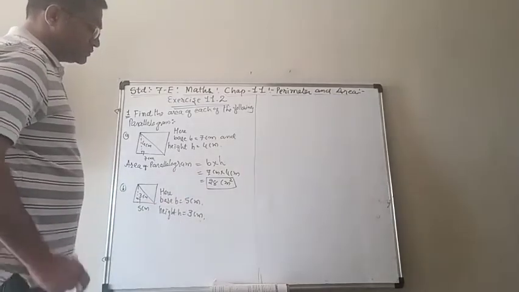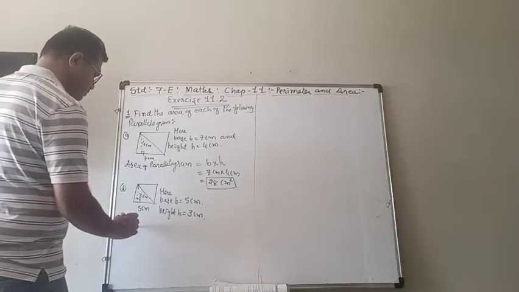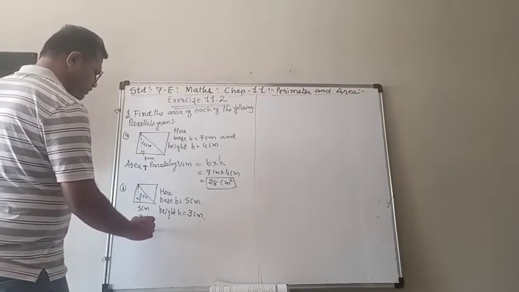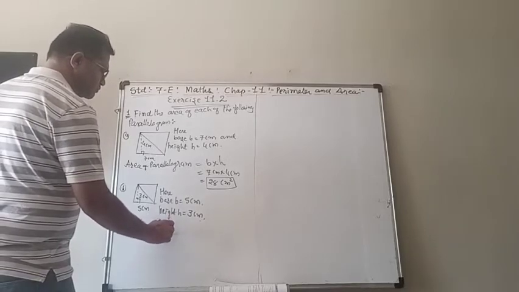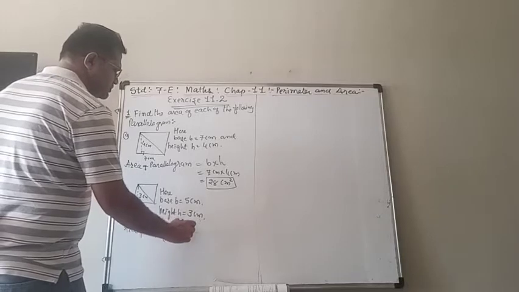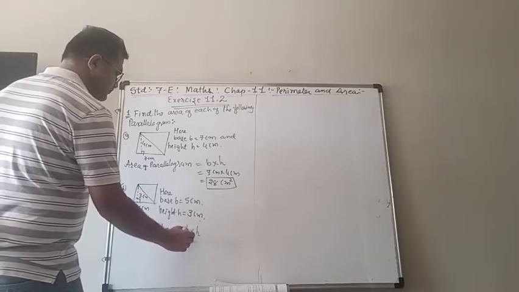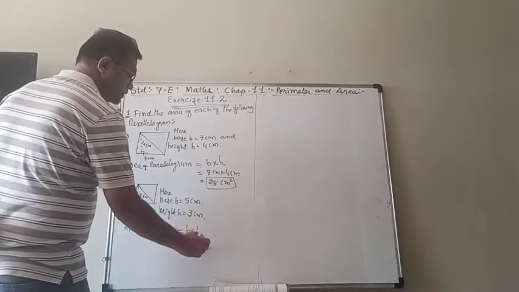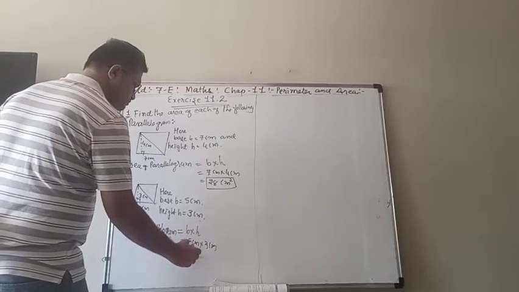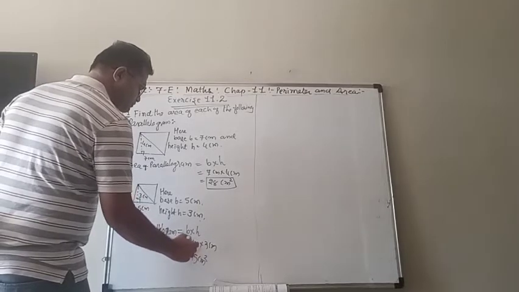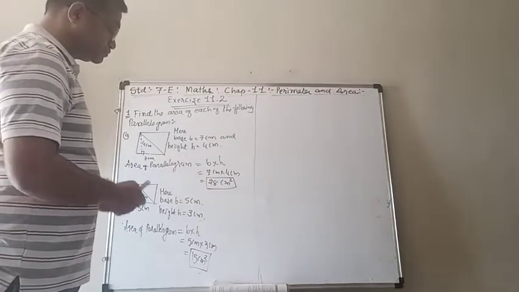So now we have to use the formula again. Therefore, area of parallelogram is equal to B multiplied by H. That is 5 centimeter multiplied by 3 centimeter. That is 5 3s are 15 centimeter square.